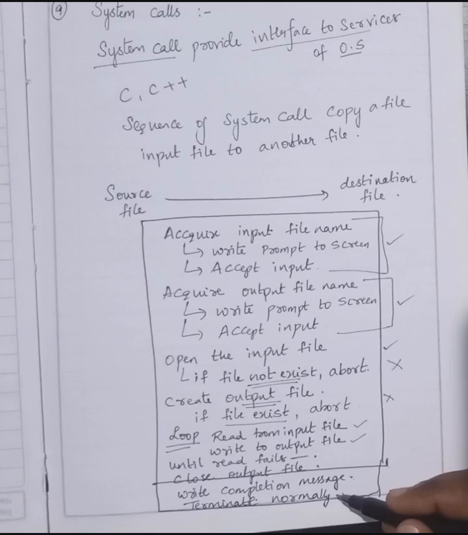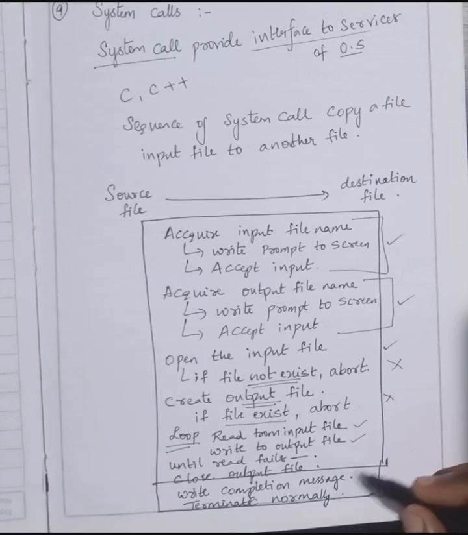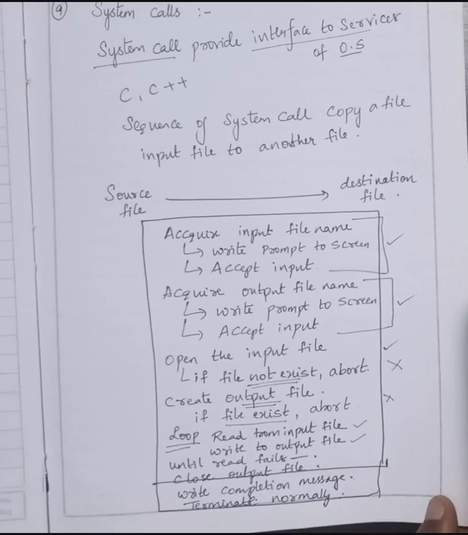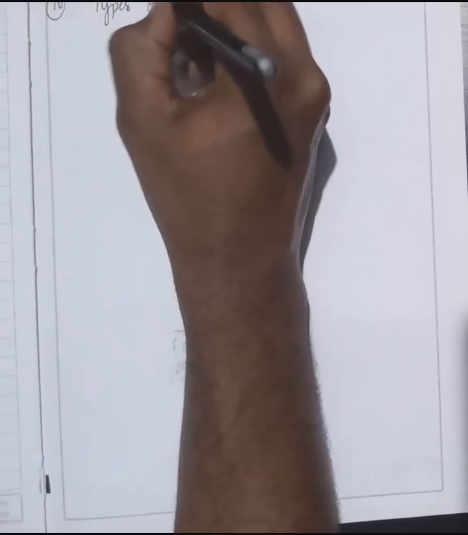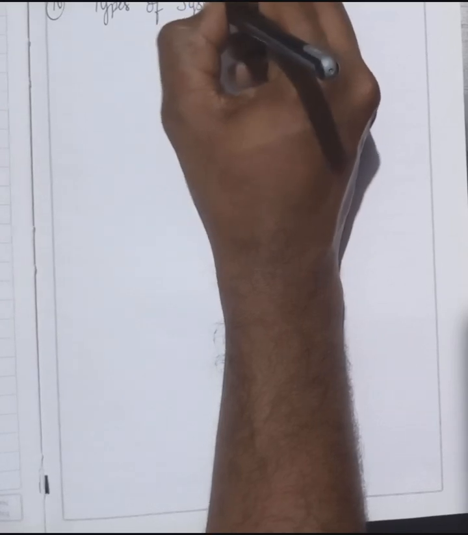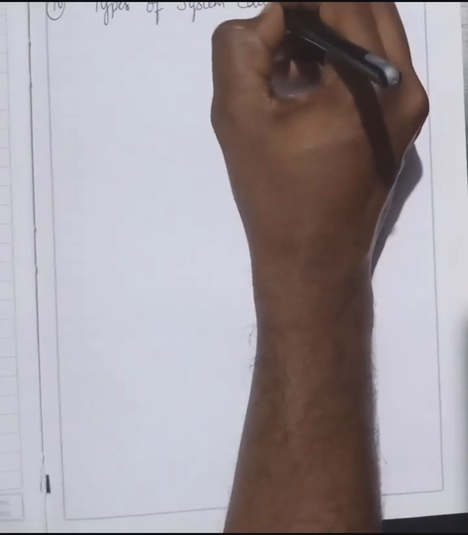Now the next question is the types of system calls. We have different types of system calls, so we'll see what they are.